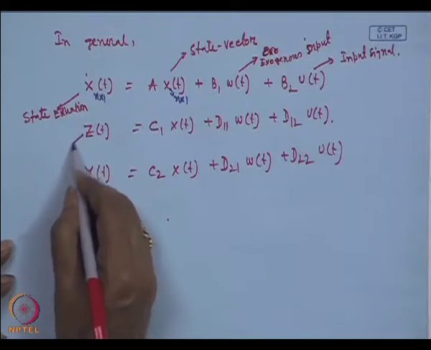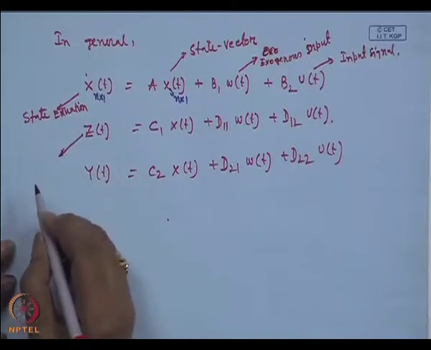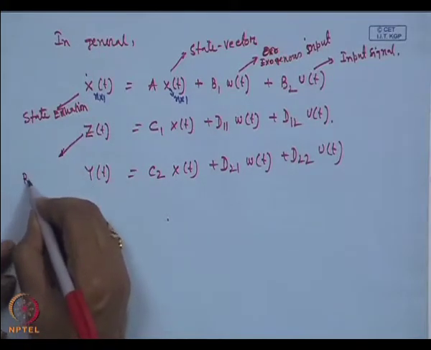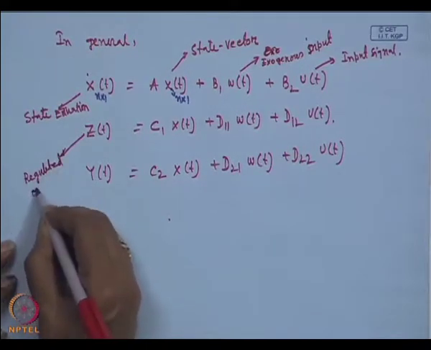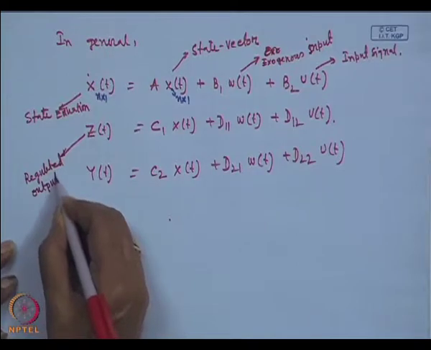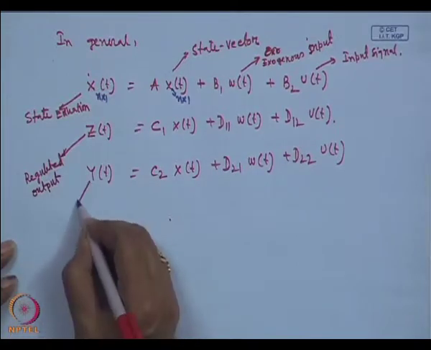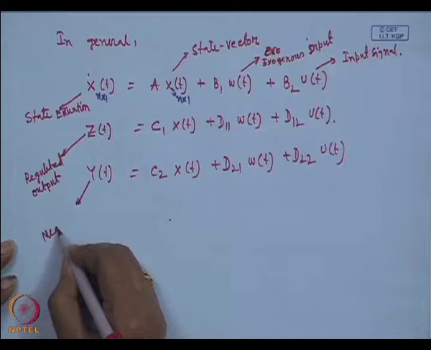And this z is the regulated output, and this y is the measured output.